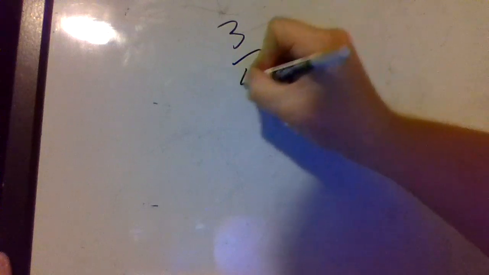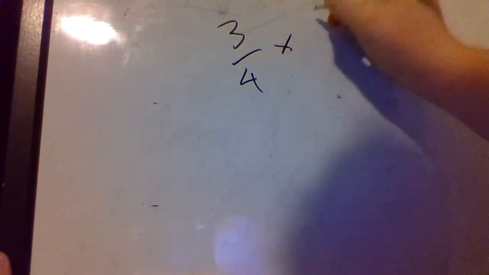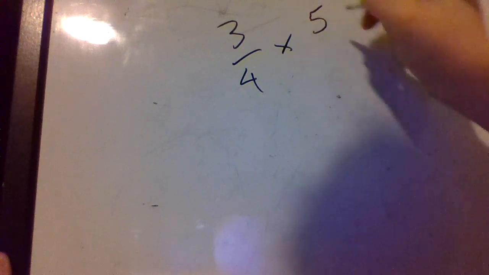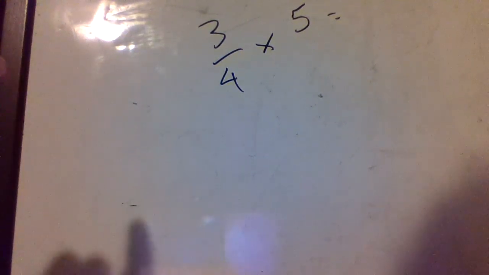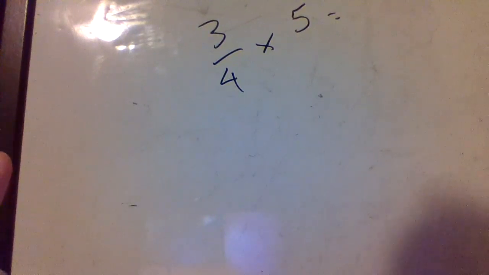All right, so we're going to get into something a little more difficult, but it's the same idea. So we've got 3 over 4 times 5 equals. All right, so we've got a fraction times a whole number. But, interestingly enough, we've really got a fraction times a fraction.